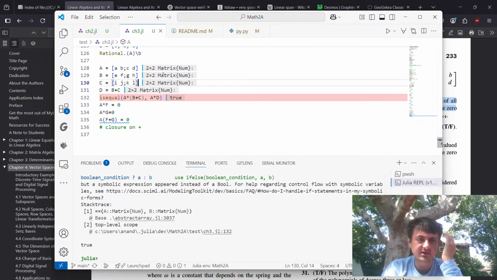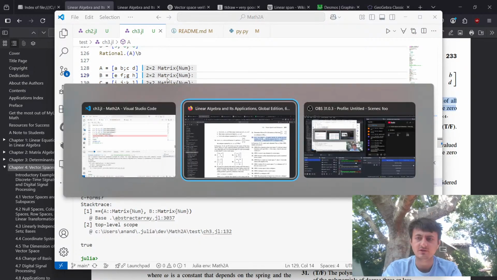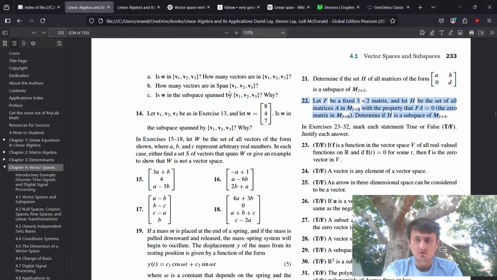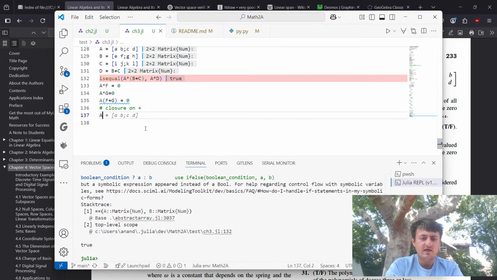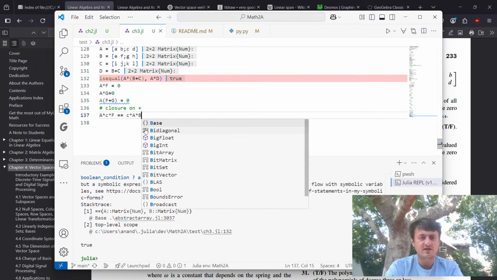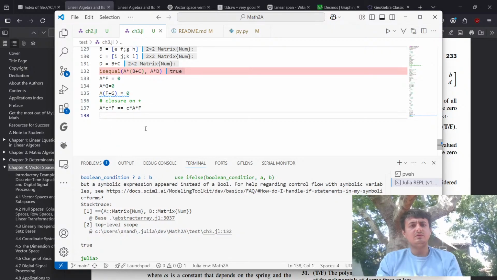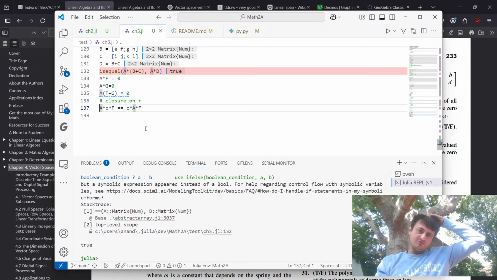But I mean, one concern is I don't know if 2 by 2s is sufficient, really. But then also, okay, so now we need to scale it. Is it the case that A times C times F is equal to C times A times F?